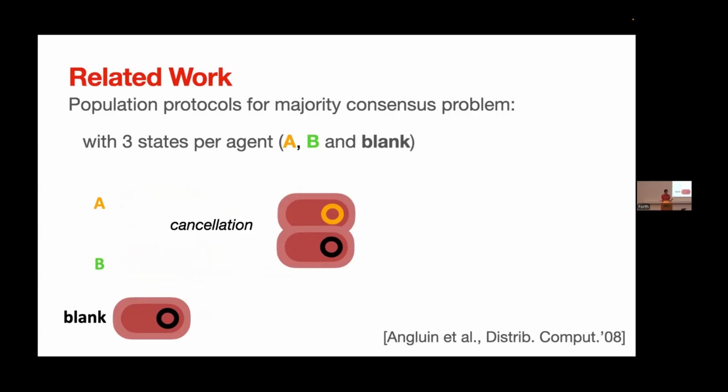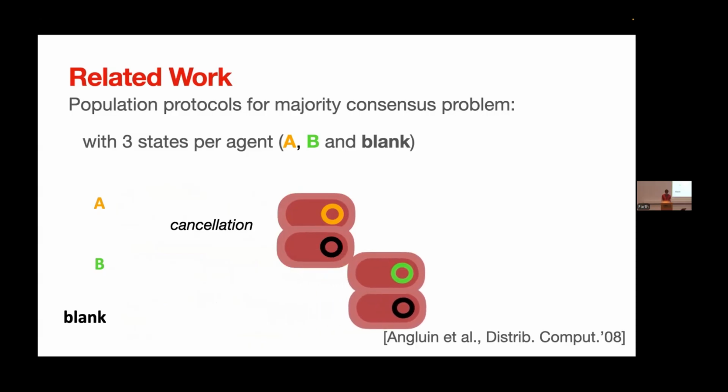So you have A's and B's, and you want to know who's in the majority initially. Of course, they cannot really kill one of them, so they have to change one of them to a blank state. And then they also have a duplication: when a blank state meets something that's non-blank, the non-blank one gets duplicated into the other. Of course, the kinetics are very different, but the idea is definitely there.